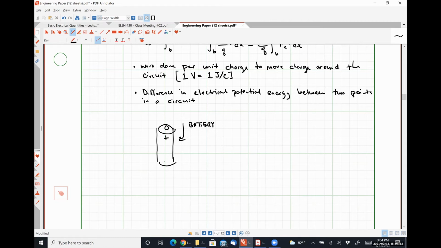And on the other side, there will be a minus sign, giving us the positive polarity terminal and negative polarity terminal of our battery. Okay? So if I had a AA battery, what voltage is associated with that? 1.5 volts.